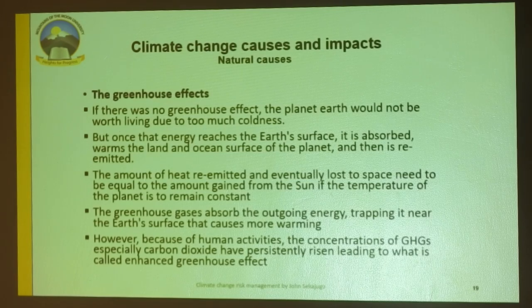This is what causes temperatures to rise and the Earth to be too warm. This is the effect we are concerned about, and this is what we call the enhanced greenhouse effect. Without that, we would be very happy with the natural greenhouse effect.